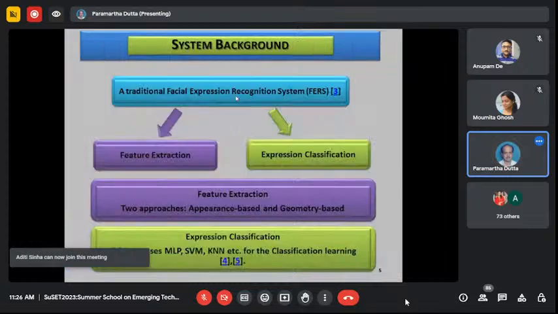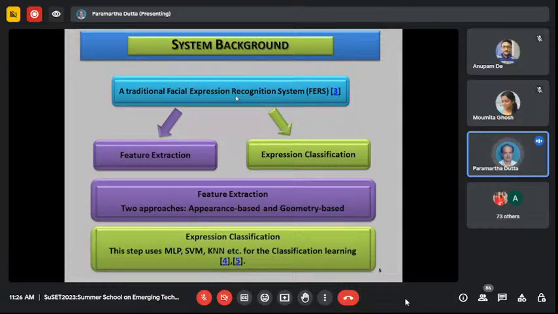Okay. Now, coming to the system background. Before we become involved in the system study and subsequent analysis, let me try to clarify the background first.